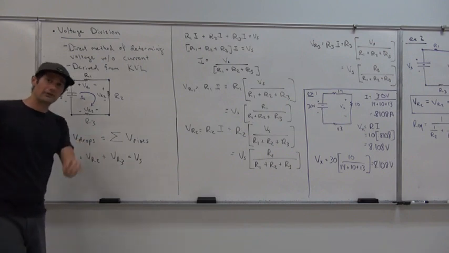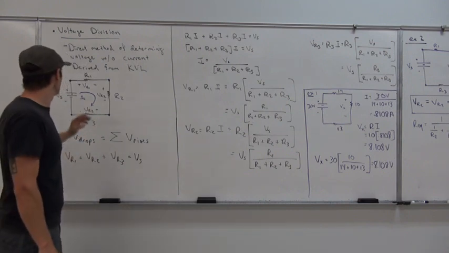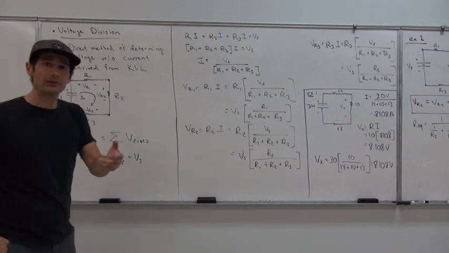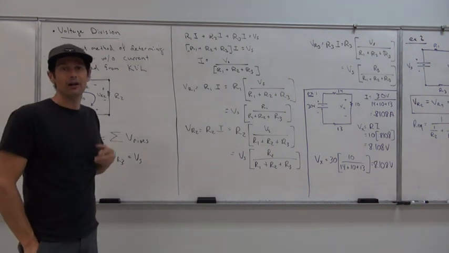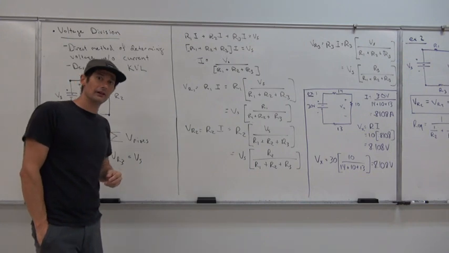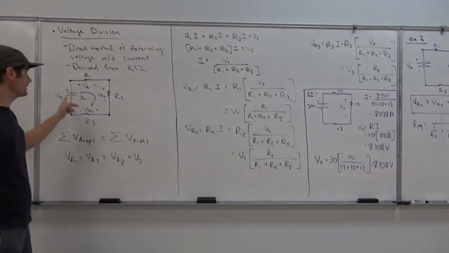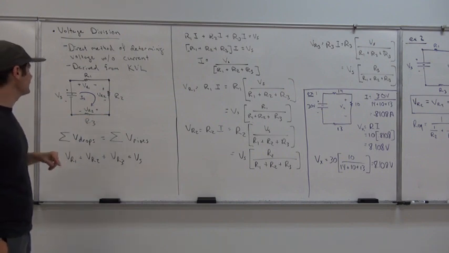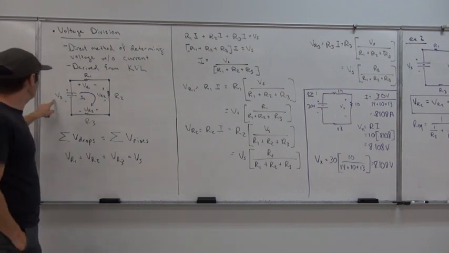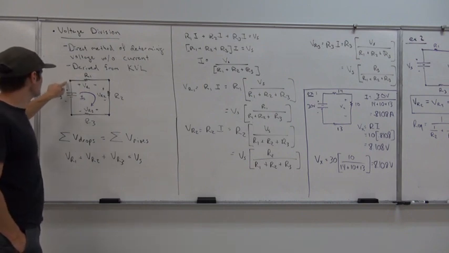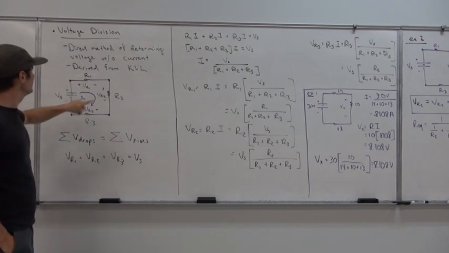Now, how do we know that these are series, you might ask? Going back, always start off labeling your nodes, and when we label our nodes, we can then apply our understanding of series and parallel to make sure we remember that these elements are definitely in series with each other. Here we've got Vs and R1. Those are separated by one single common point of contact.